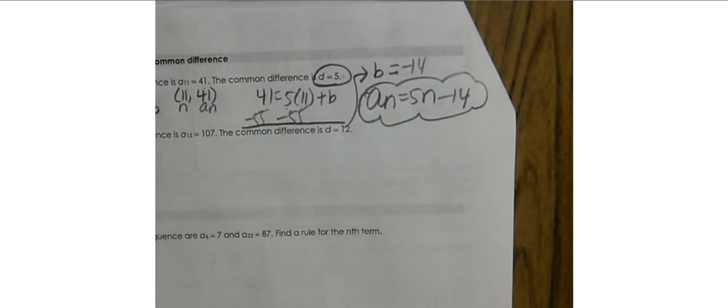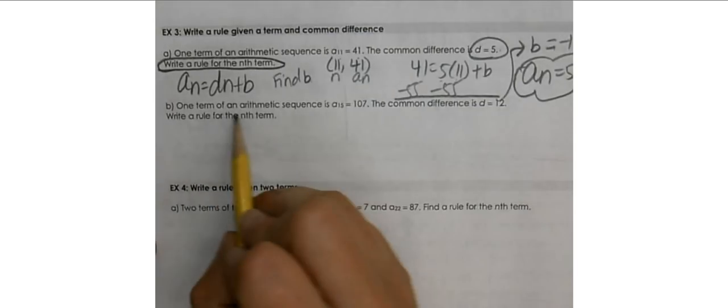For letter B, we have one term of an arithmetic sequence, a sub 15 equals 107. So I'm going to put down 15, 107. This is my n value. This is my a sub n value. My d value is 12, and I need to find what b is because I want to write a rule for the nth term.